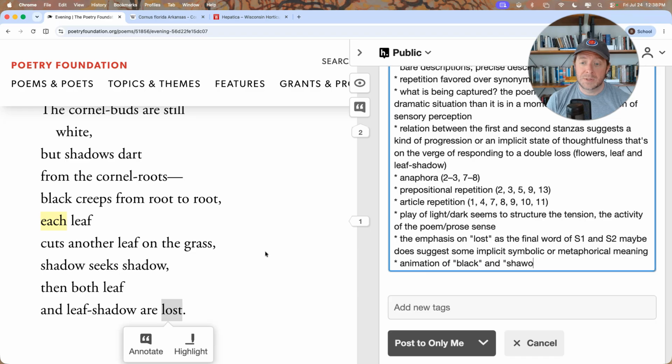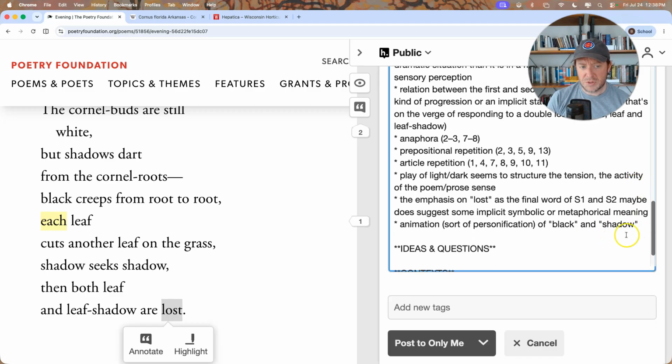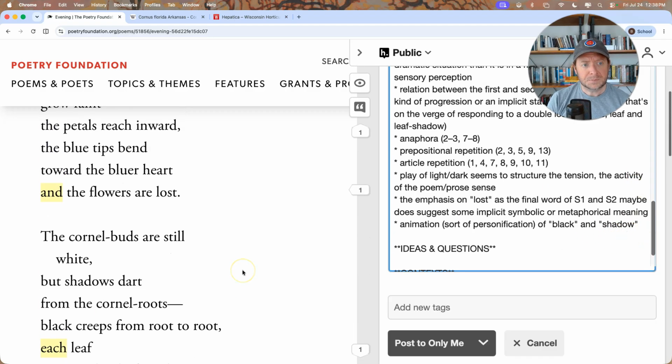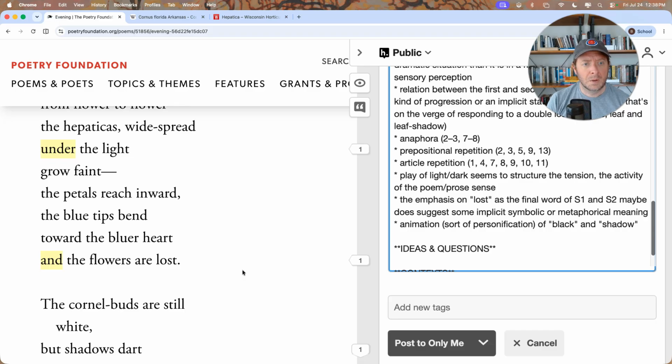And shadow as well. Although shadow is a noun, but it's maybe personified, sort of personification, but not really personification. Maybe the shadow's personified, but okay.